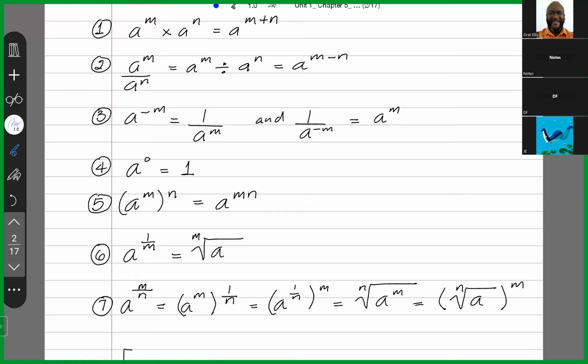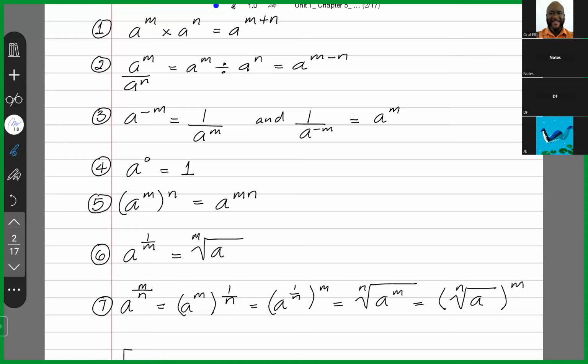Law 5, a to the m in brackets raised to an external power n is equal to a to the m multiplied by n. In other words, the power inside the bracket is multiplied by the power outside the bracket.